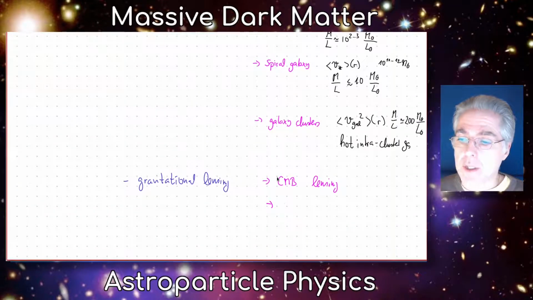And then there is the particularly useful measurement of gravitational lens effects of a galaxy cluster in the foreground. So there's a background galaxy, and the light is deflected by the gravitational potential of the total cluster. That's the strong lensing effect that allows us to measure the total mass of the system.